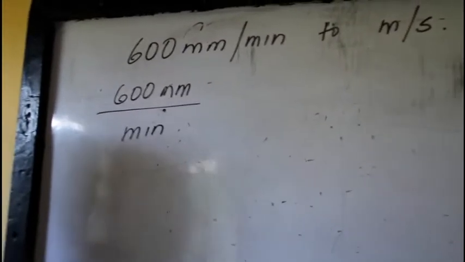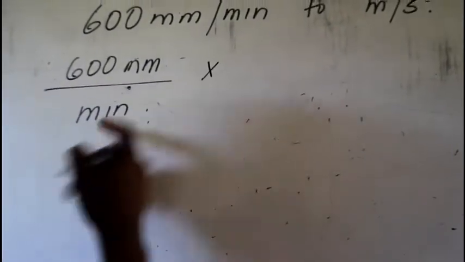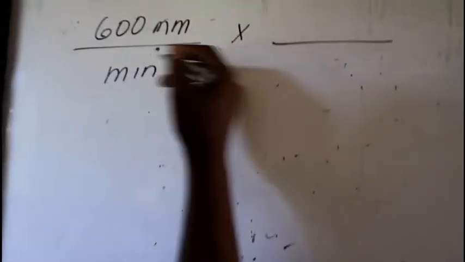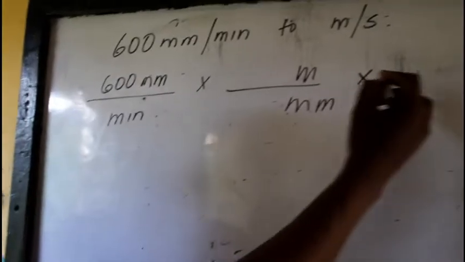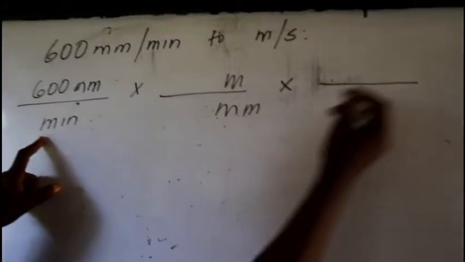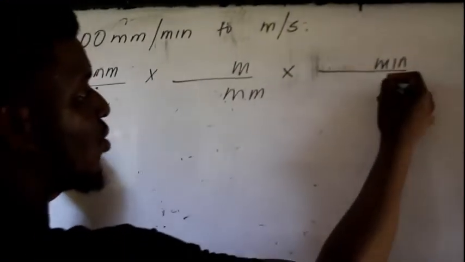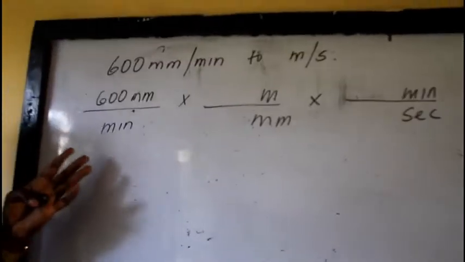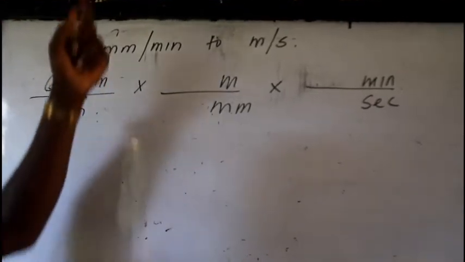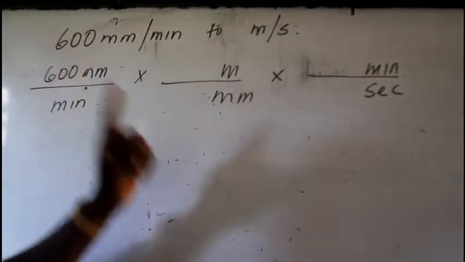It's very simple. The normal process. I want to convert millimeters first to meters, and I want to convert minutes to what? Seconds. It's very simple. So now what do we have here? The one that takes 1 is the highest.